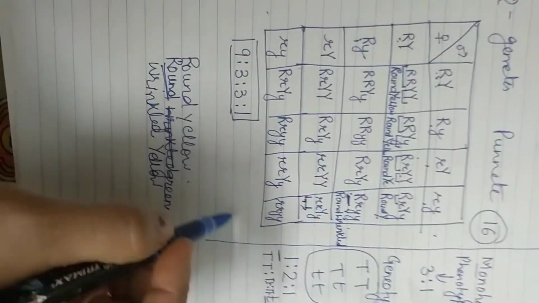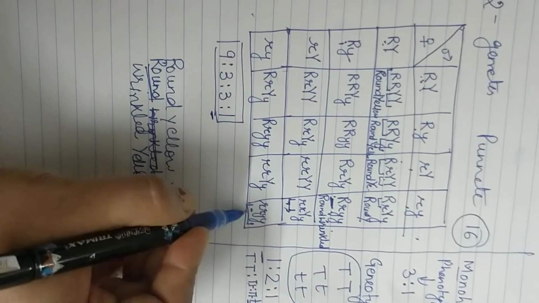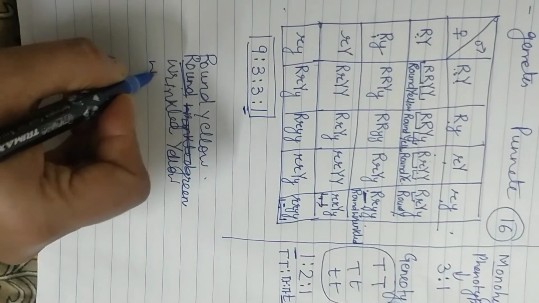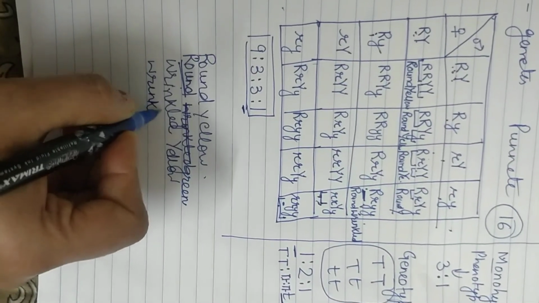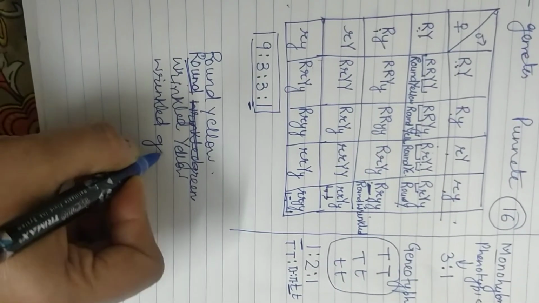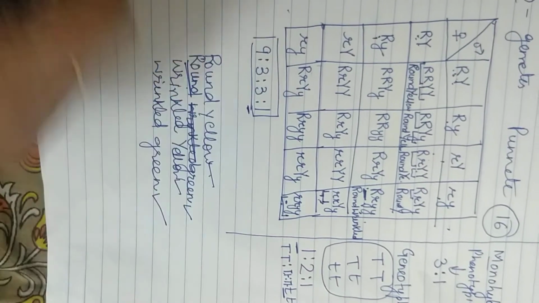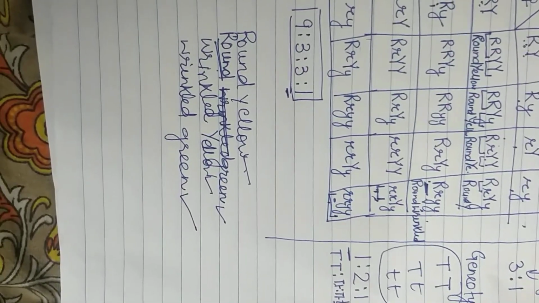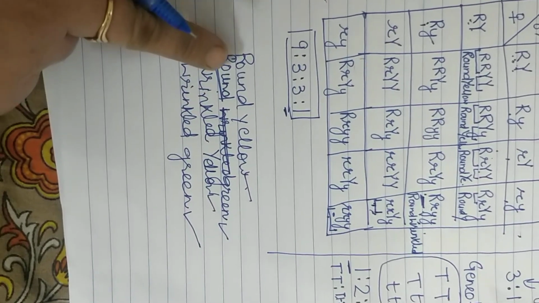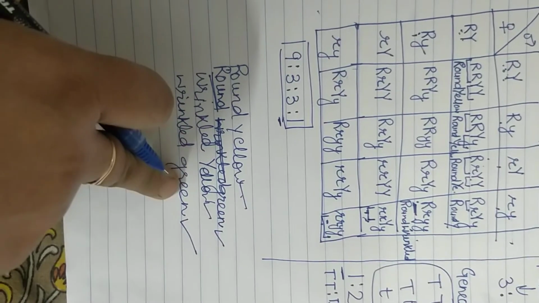And finally, only one plant, you will see this one. One plant will be pure recessive, that is, it will be wrinkled and green. So total recessive. So children, these 4 types of combinations were produced in the phenotypic ratio: round yellow, round green, wrinkled yellow and wrinkled green.